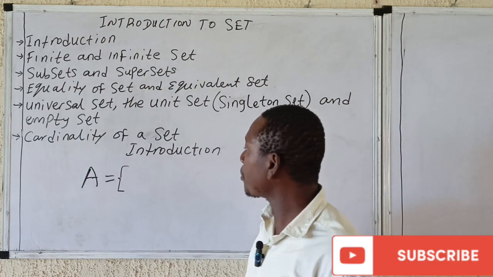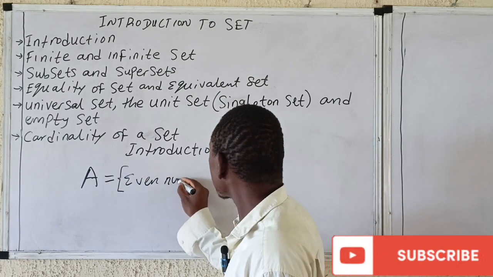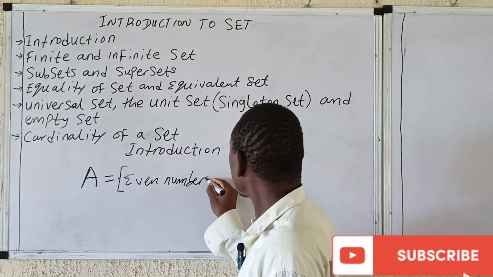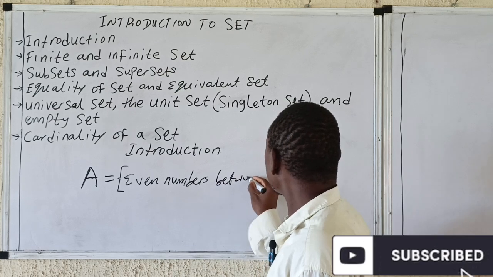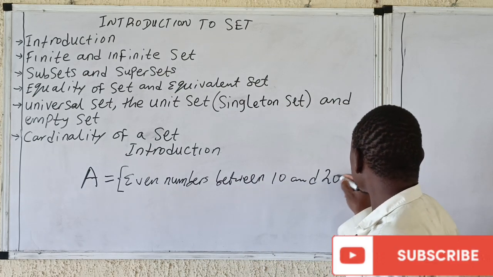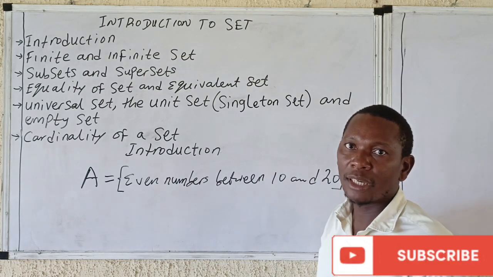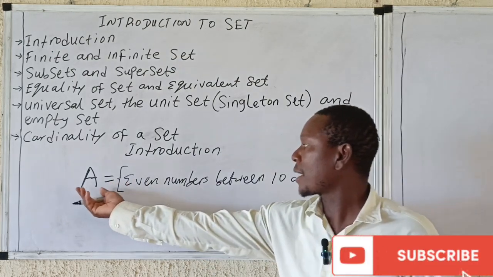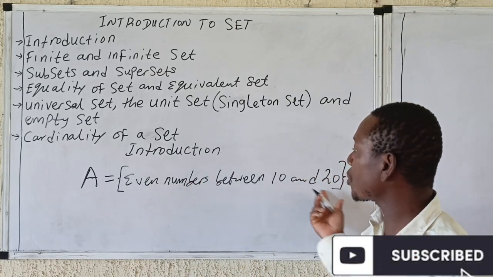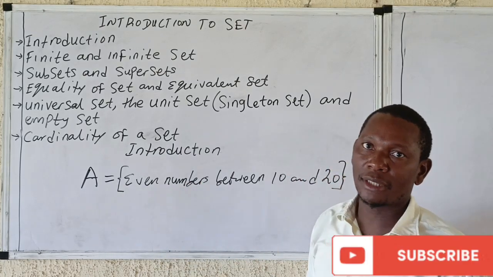So a set A comprised of what? Even numbers between 10 and 20. How do I describe this set? It simply means if I want to describe a set A which comprises of even numbers between 10 and 20, I'll have to list out the elements of the set.